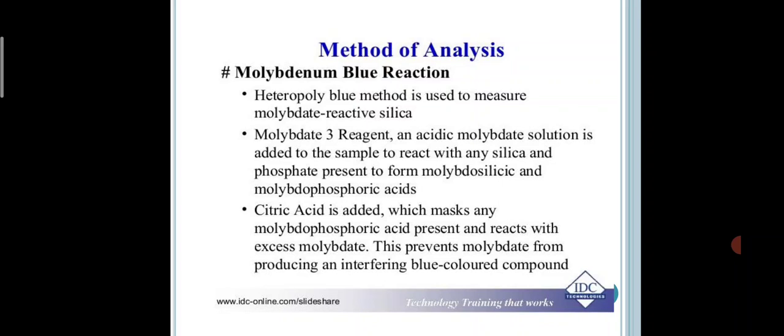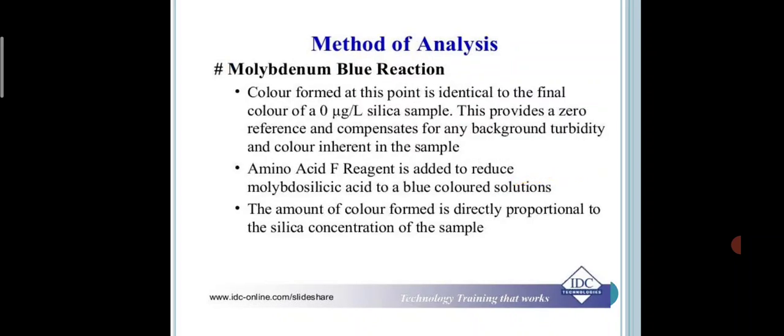Citric acid is added, which masks any molybdophosphoric acid present and reacts with excess molybdate. This prevents molybdate from producing an interfering blue colored compound. The color formed at this point is identical to the final color of a 0 microgram per liter silica sample. This provides a zero reference and compensates for any background turbidity and color inherent in the sample.